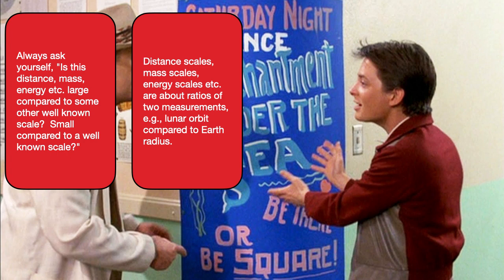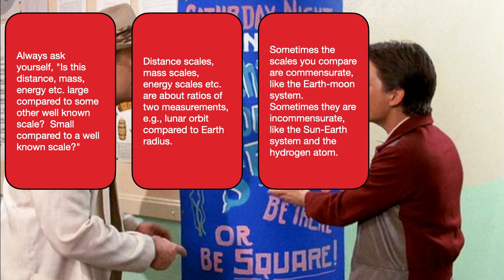But then the distance scale, we couldn't get that all in there. We couldn't make those things commensurate, so that was a problem. So you're always going to want to talk about at least one ratio when you're talking distance scales. And then there's the vocabulary: commensurate and incommensurate.